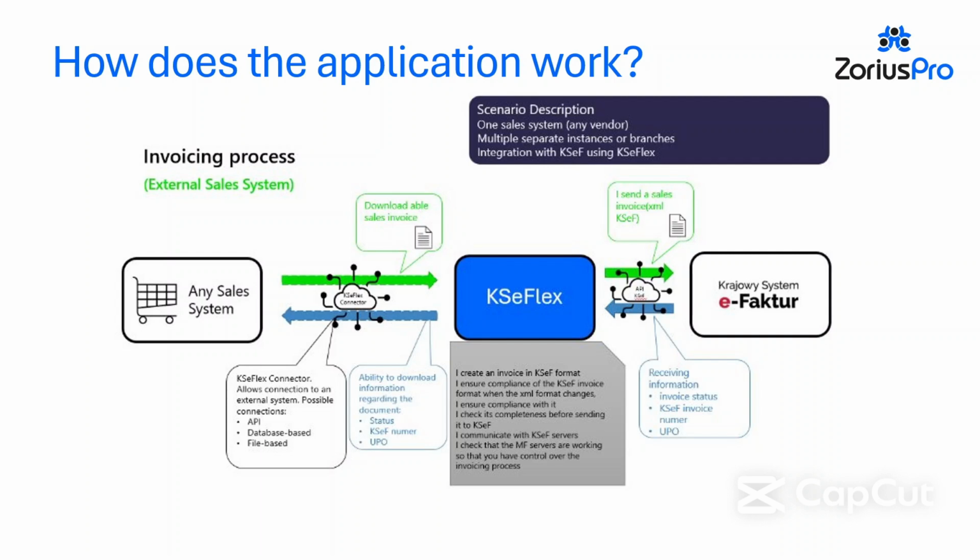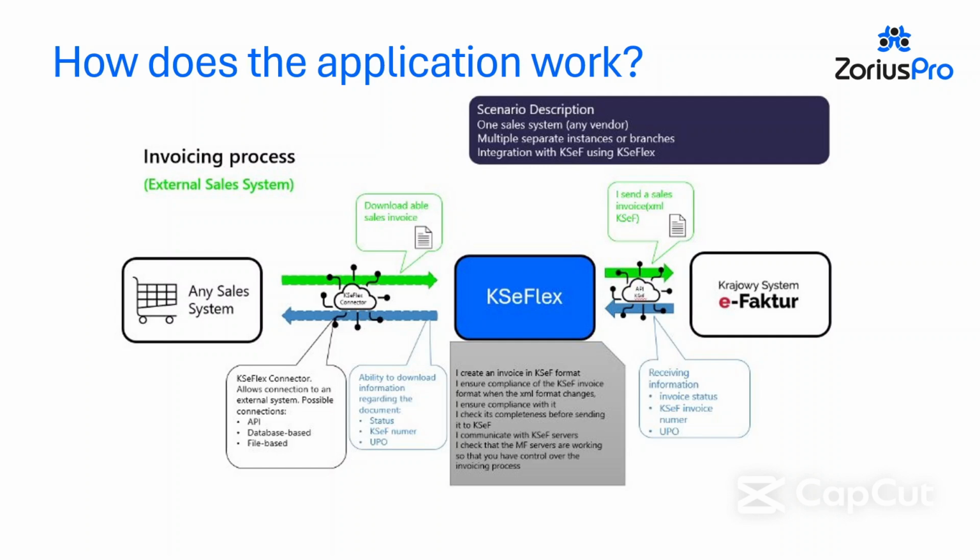KSeFlex will send such data to Symfonia KSeF, which will convert the documents into the appropriate file scheme prepared by the Ministry of Finance. It also provides visualization and control of documents before sending them to KSeF.